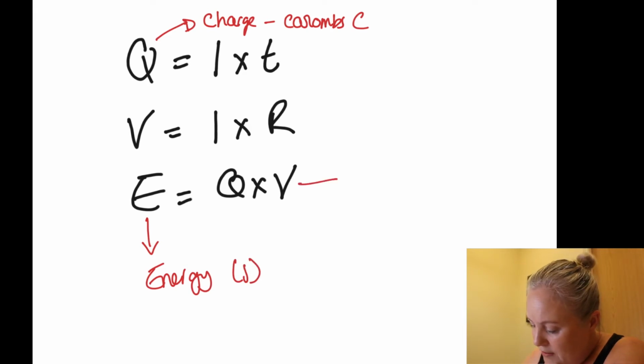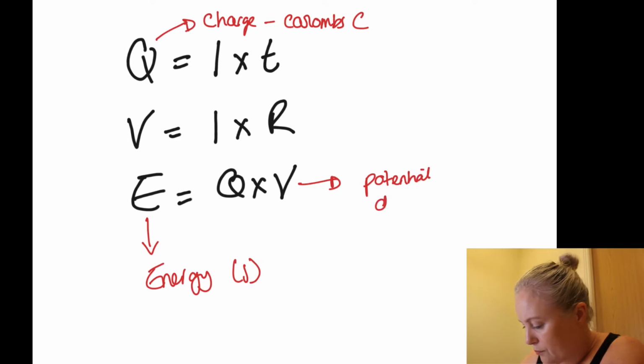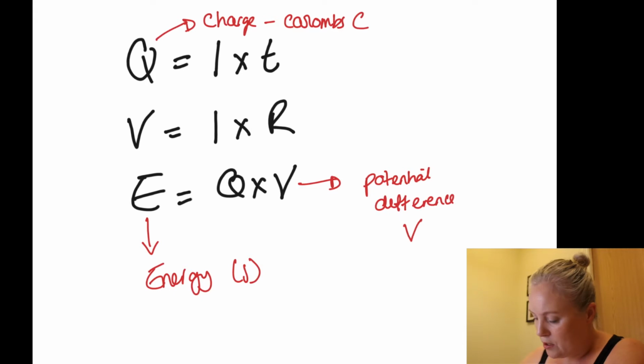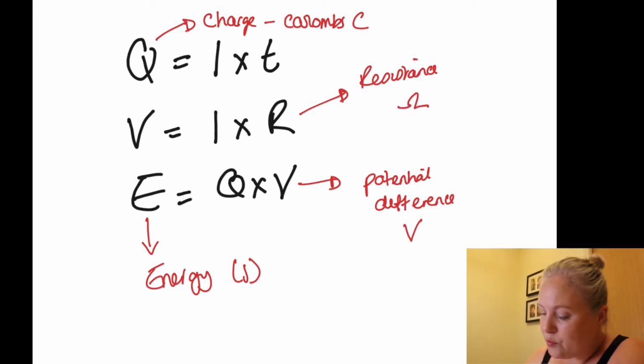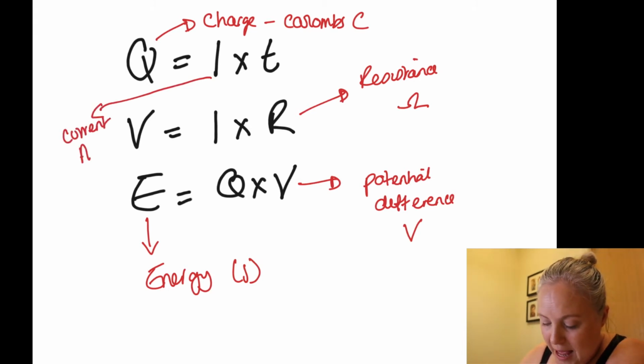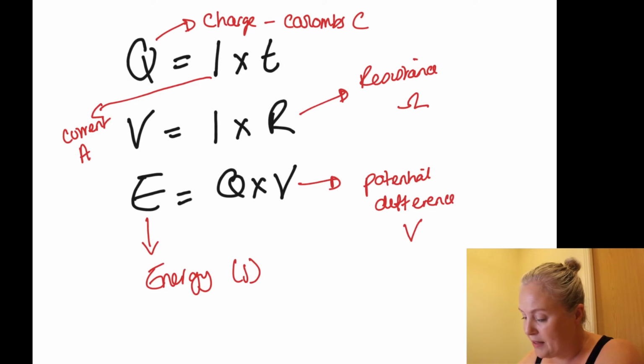We have got V, which is for potential difference, and that's measured in volts. We've got R, which is for resistance, which is measured in ohms, and we've got I, which is for current, which is measured in amps or amperes, A, capital A.